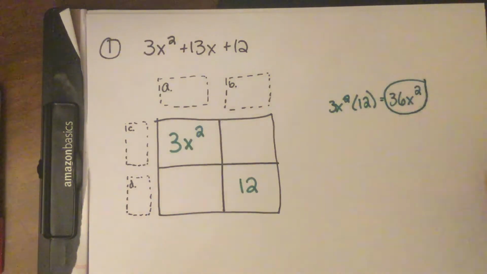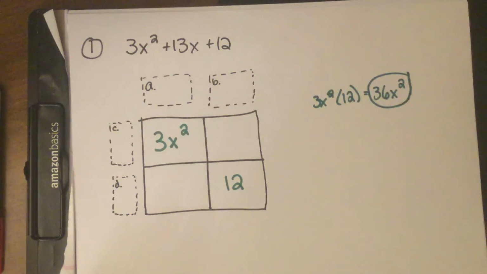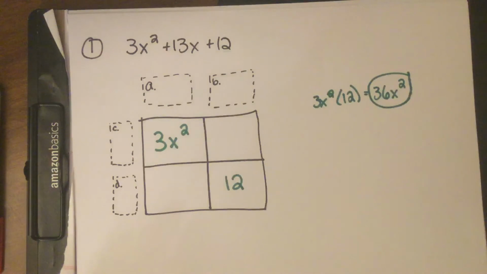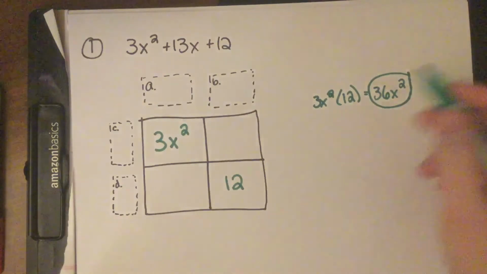Now we need to write down all the possible factors of 36. One of the things they mentioned is to make sure you do it with your variables. So it's not only what multiplies to give us 36, it's what multiplies to give us 36x squared.